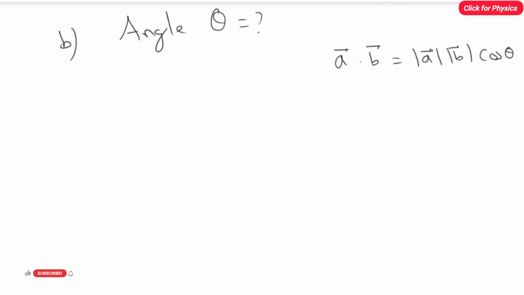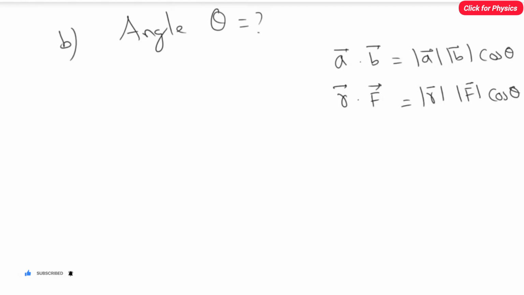Here we have two vectors, r vector and f vector, so I can apply the dot product rule. r vector dot f vector, because the torque formula is r f, right? So r vector dot f vector is equal to magnitude of r vector multiplied by magnitude of f vector multiplied by cosine theta. I have to use this rule for finding the angle theta.